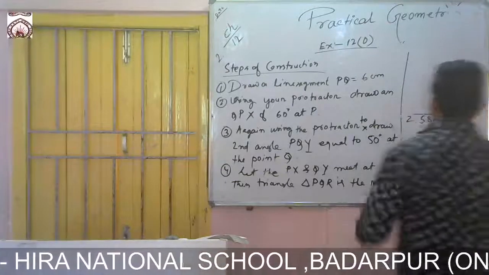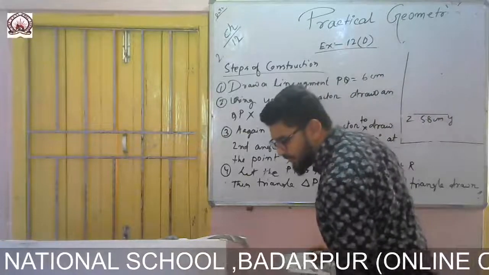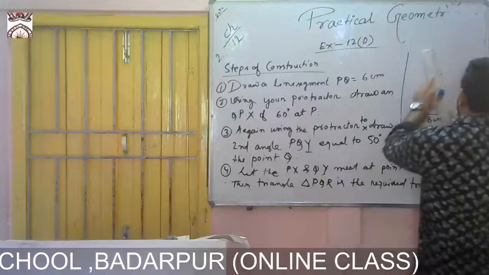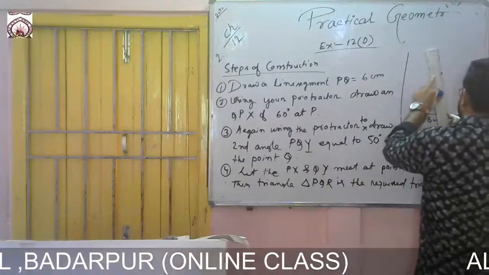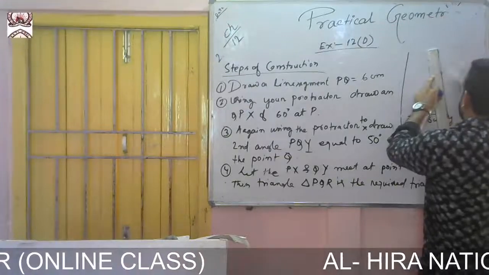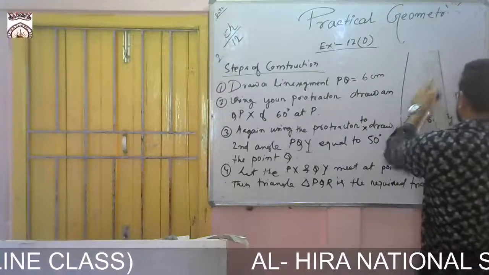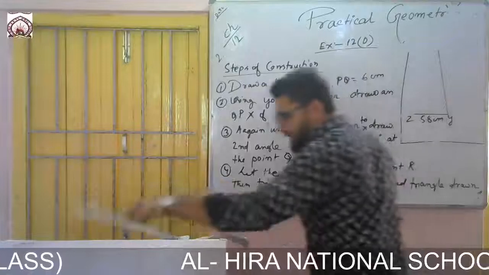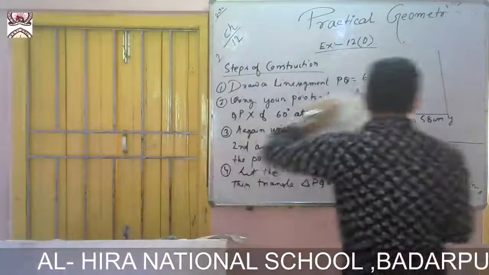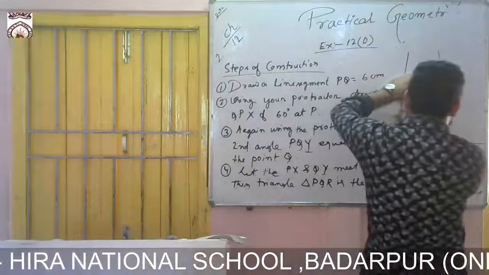Okay, 100 degree. And Z how much? 40 degree. So first you draw this one and make the arms of the angle quite long. And angle Z is 40 degree.